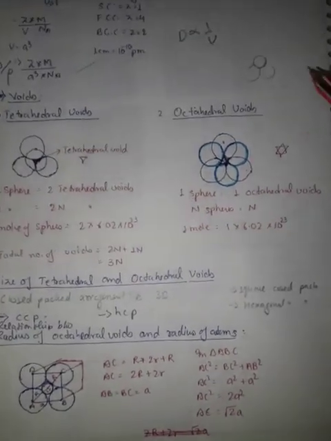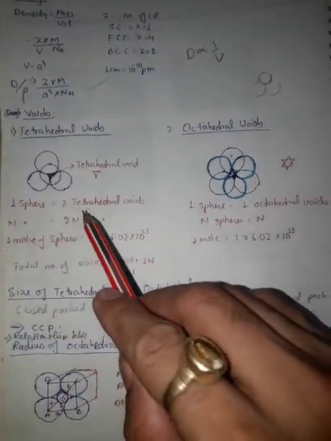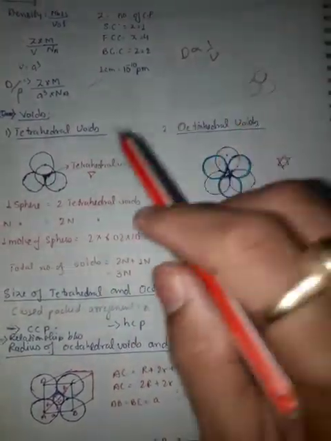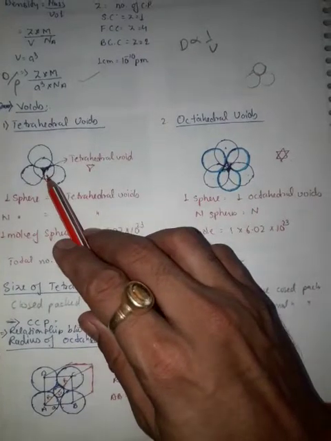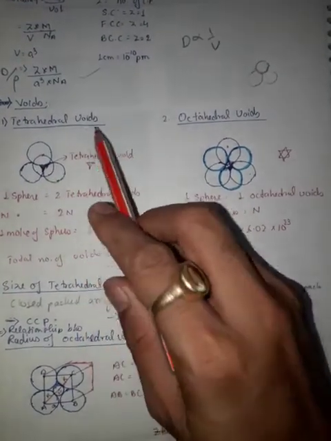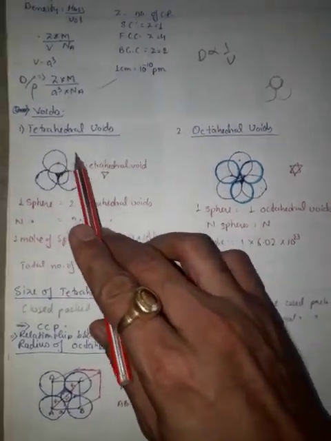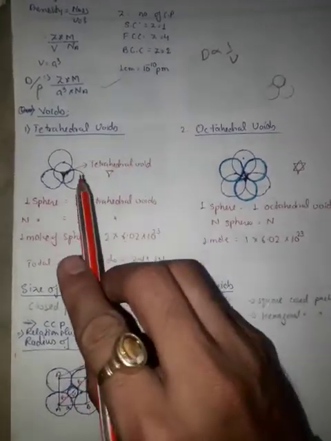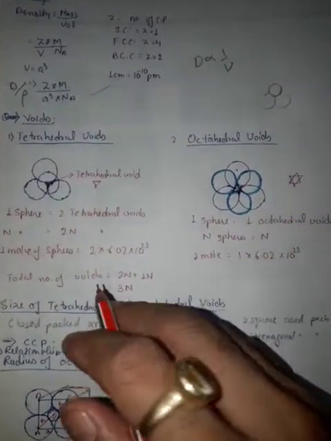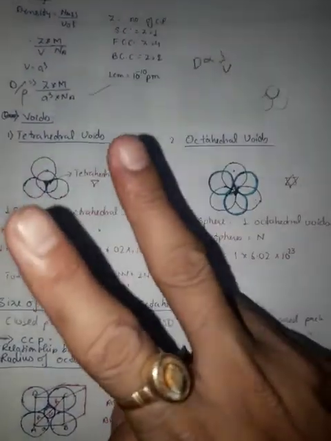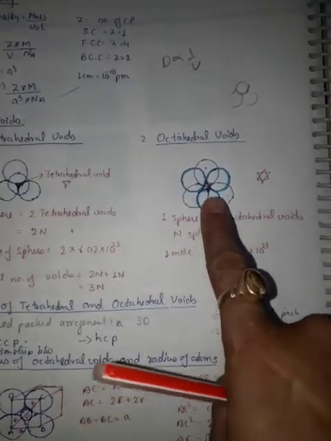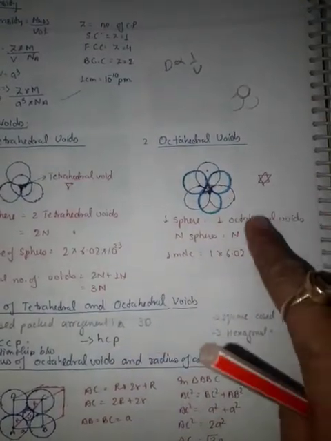If we say for one sphere, there are two tetrahedral voids. If we start counting a layer, then we get the number of tetrahedral voids. In one sphere, two tetrahedral voids, and for octahedral, only one octahedral void you can see.